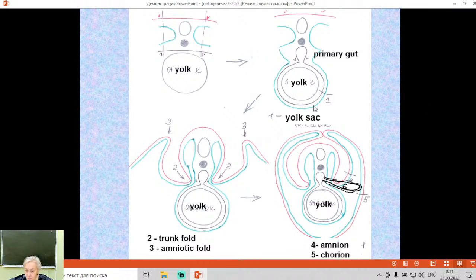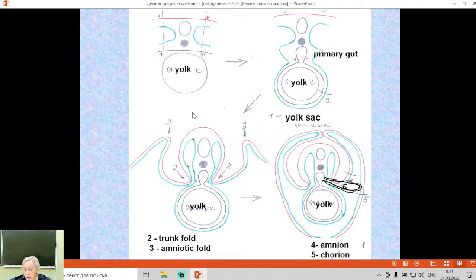The first blood vessels and first blood cells are formed in the yolk sac mesoderm, in this region. They deliver the nutrients of the yolk to the body of the embryo, and you see it in the film now.